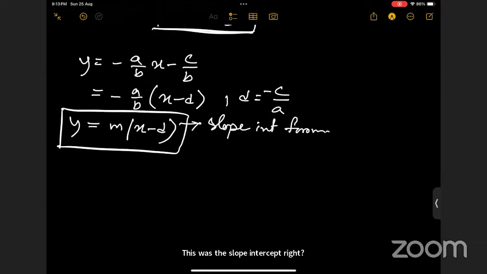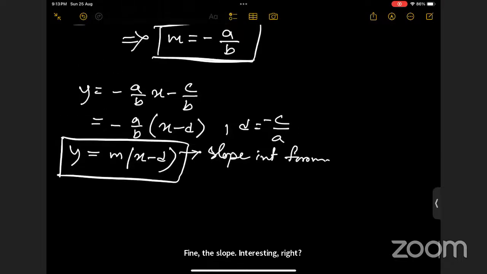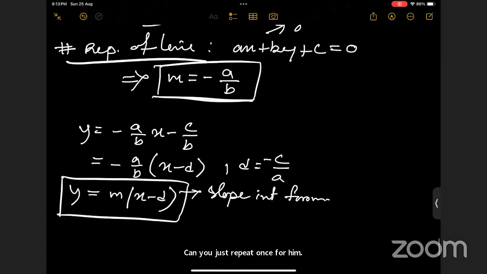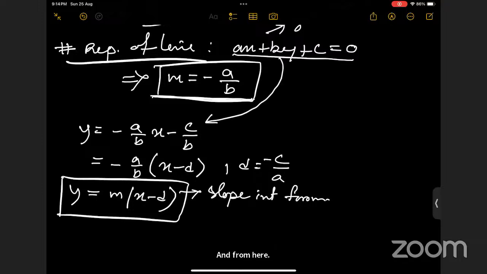So from the general form, you can find the slope intercept form. Ma'am, can you just repeat once more? Couldn't follow you. We are just simplifying it. We have the general equation, and for a general equation, we know that the slope was minus a by b, right? From here, we can arrive at this line just by rearranging the terms.